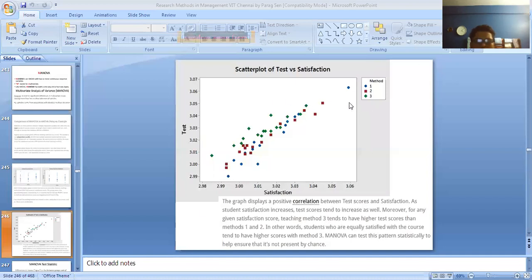So you can conclude that for a particular satisfaction level, teaching method 3 will provide the highest test score compared to teaching methods 1 and 2. In other words, students who are equally satisfied with the course tend to have higher scores with method 3. MANOVA can test this pattern statistically to help ensure that it's not present by chance.